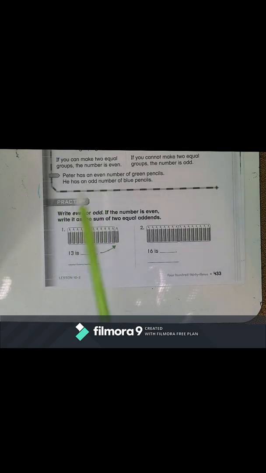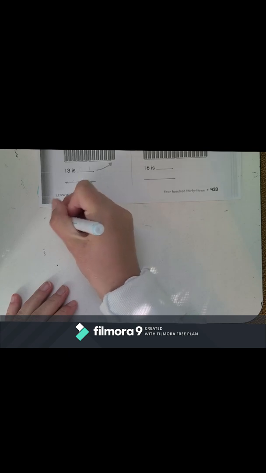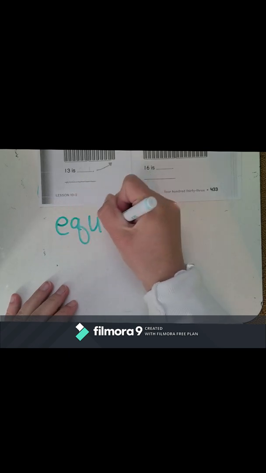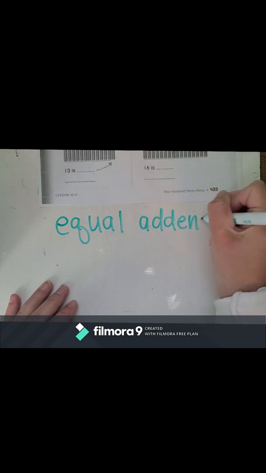So it says write even or odd. If the number is even, write it as the sum of two equal addends. What does an equal addend mean? This is the word that we just saw, equal addend.